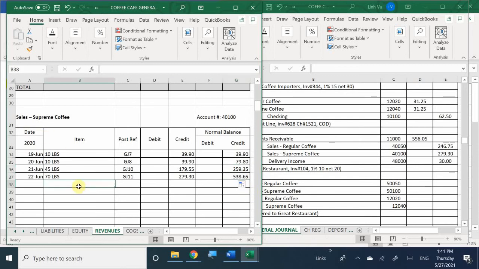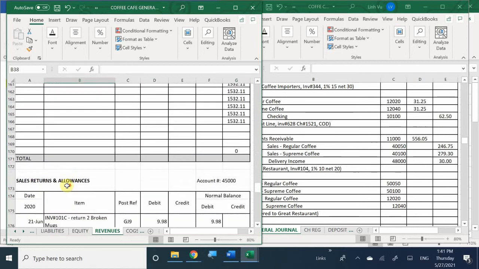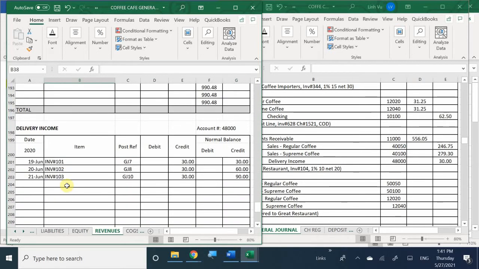Down to our delivery charge. 22nd of June. Invoice 104. General Journal 11. Another $30 to 120.